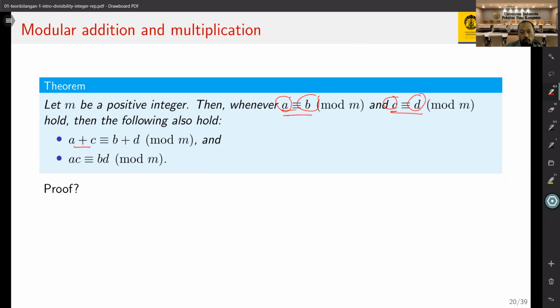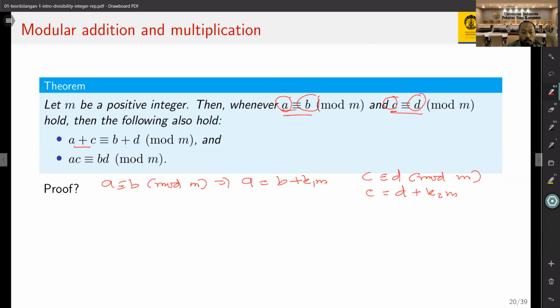If A is congruent to B modulo M, that means A is equal to B plus K1 times M. And if C is congruent to D modulo M, then C is equal to D plus K2 times M, right?